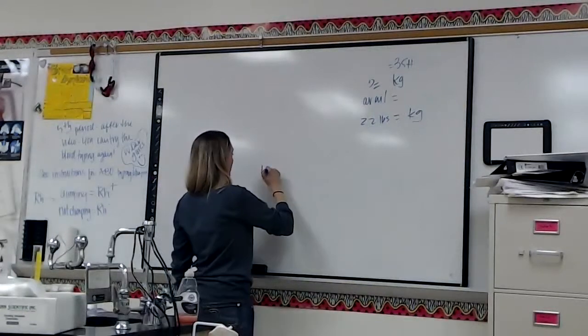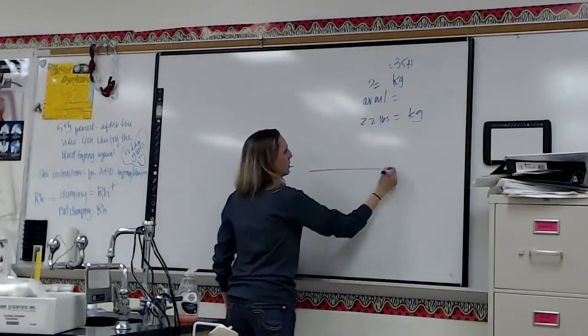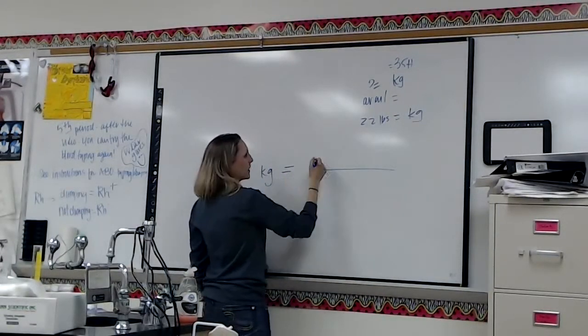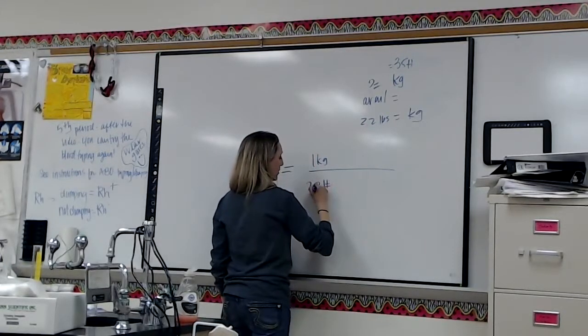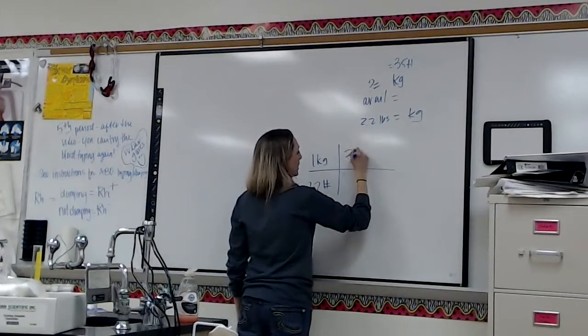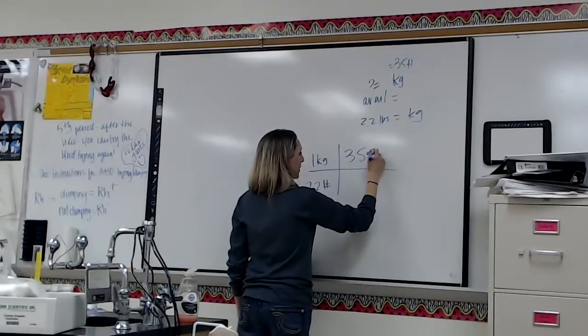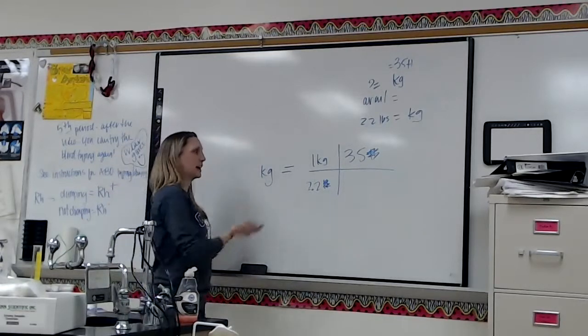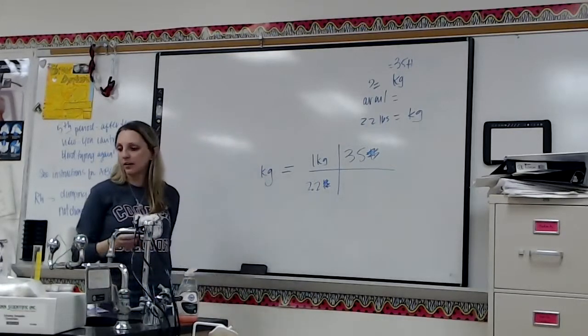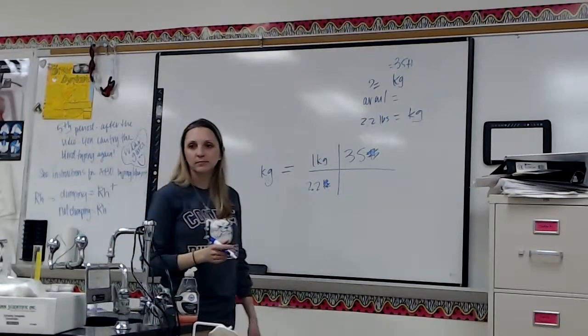So I'm going to put my kilograms over here. I know in 1 kilogram there are 2.2 pounds. And I know that this kid weighs 35 pounds. So I can cross out my pounds. Those will cancel each other out. And then I can just do 35 divided by 2.2.